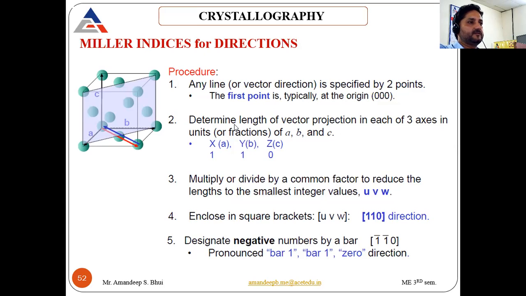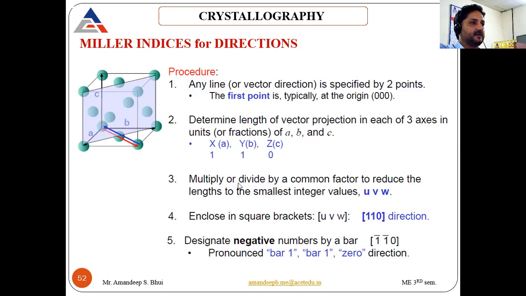Now what we do is we determine the length of the vector projection in each of the three axes in units or fractions. If we look into this vector here, the value of x is 1, the value of y is 1, but the value of z is 0. So the value of the fractions or the units will be 1, 1 and 0.